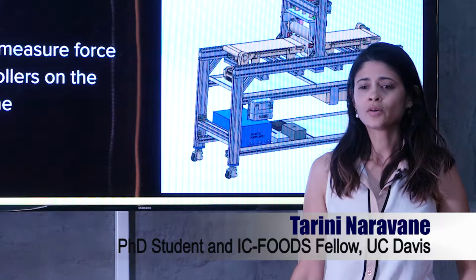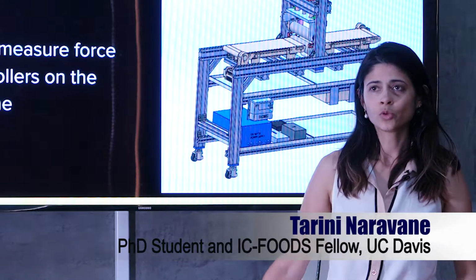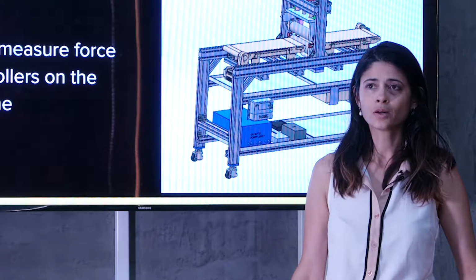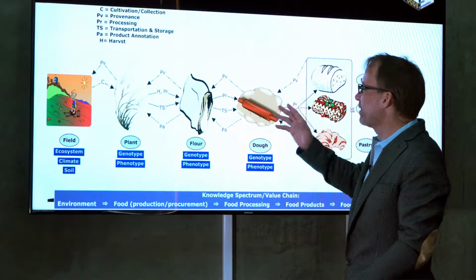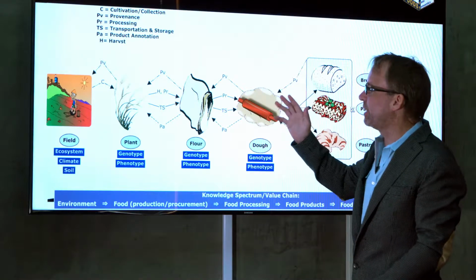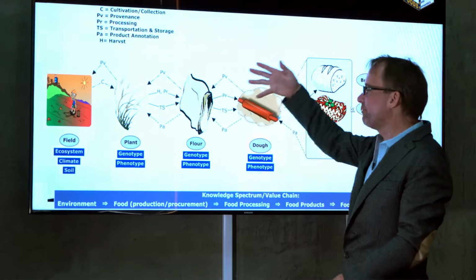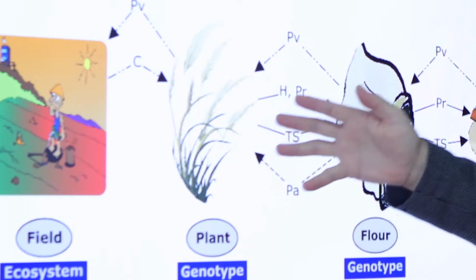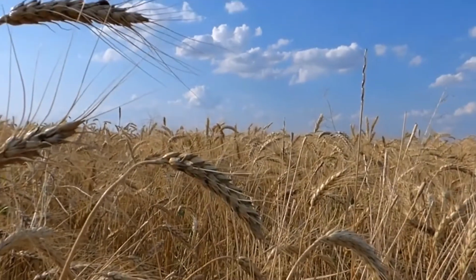In losing varieties that can no longer sustain due to climate change, we need to be able to capture information about wheat properties. So when we figure out how dough works, how dough makes things delicious, and we understand the properties that come from the flour that make the dough what it is, and the properties that come from the wheat that make the flour what it is, and then ultimately this wheat is growing in the environment.